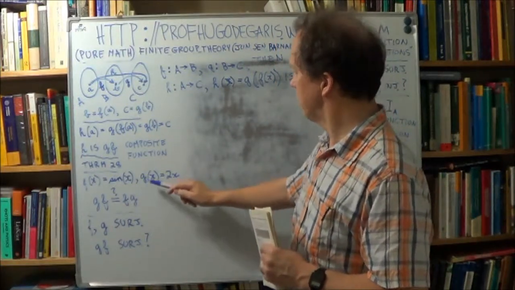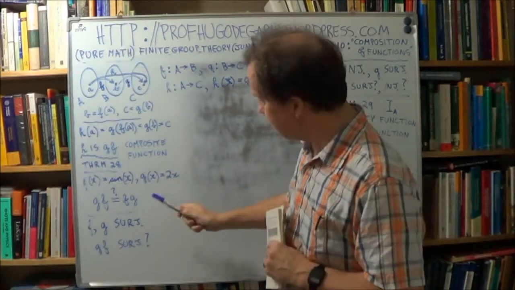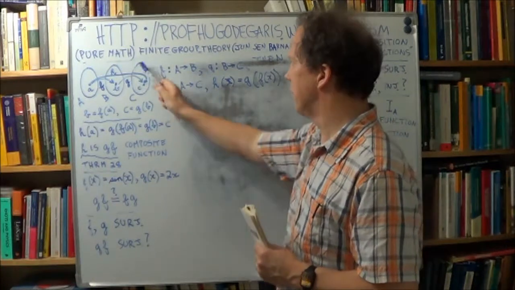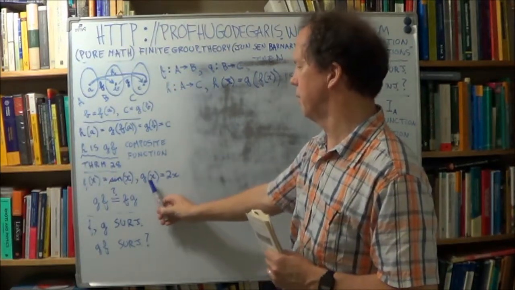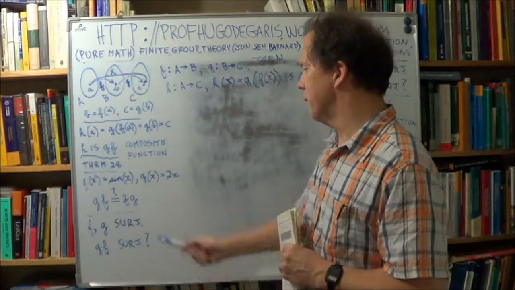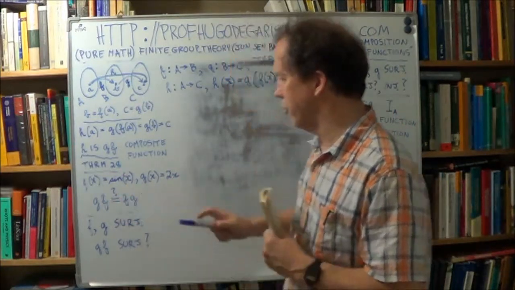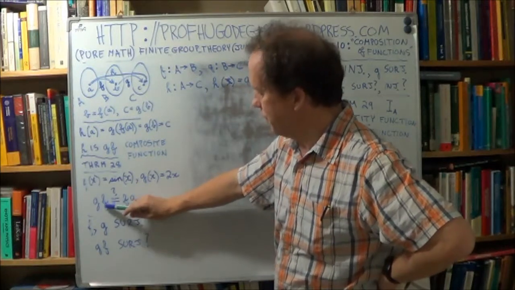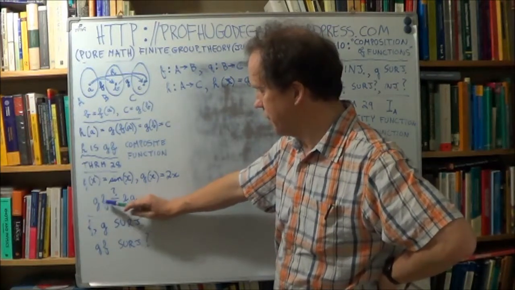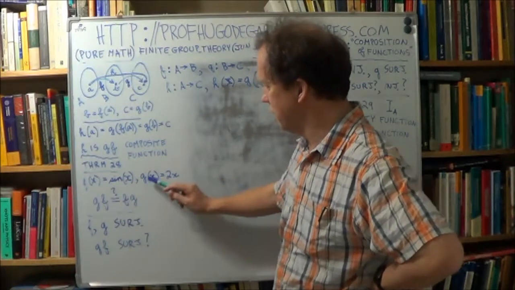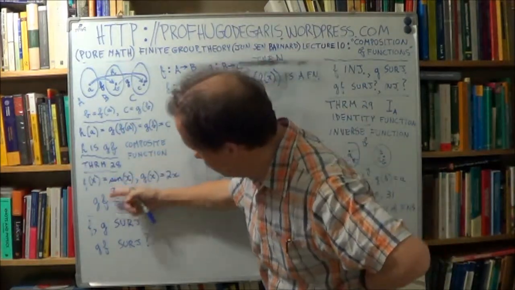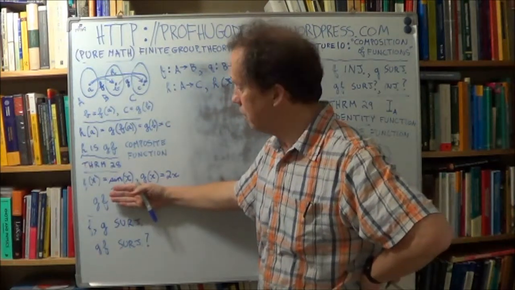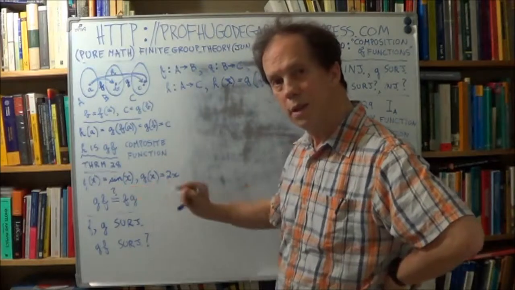And then g, the second function, takes whatever's in here and maps it to double the value. So g also maps from real to real. So what would gf be? Now remember, f goes first. You apply f first, so that would take x into sin x, and then g doubles it. So what would gf be? What's its function? Well, can you see it would just be 2 times sin x?